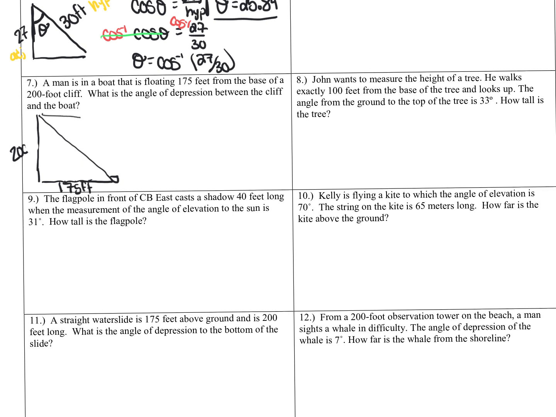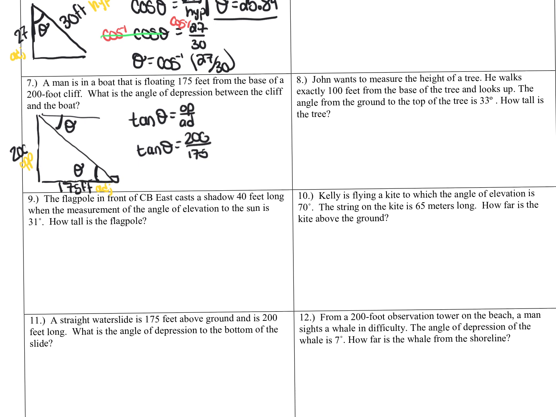So if this is my cliff out this way, the angle of depression down is right there, which, remember, is this angle right here. With reference to my theta, this is the adjacent. This is the opposite. So I'm going to have tangent equals the opposite over the adjacent. So tangent of theta equals 200, the opposite, over 175, the adjacent.